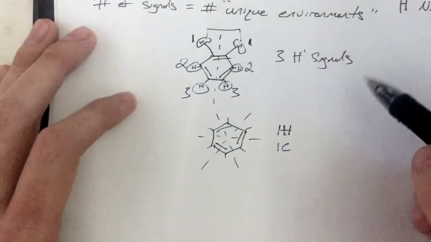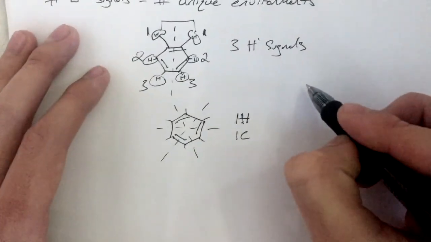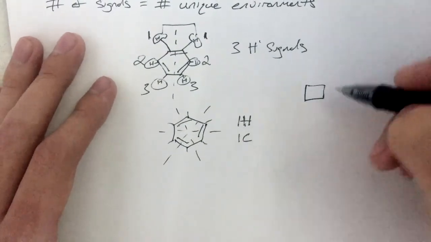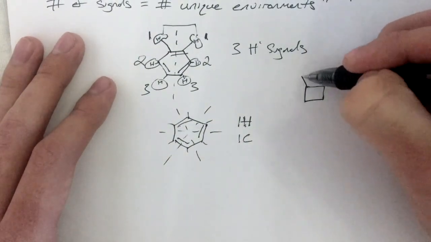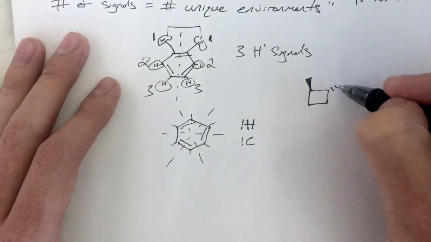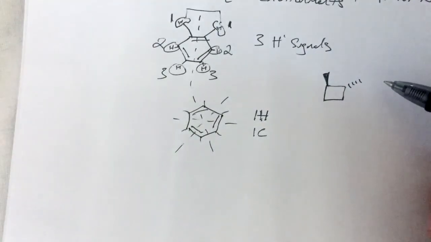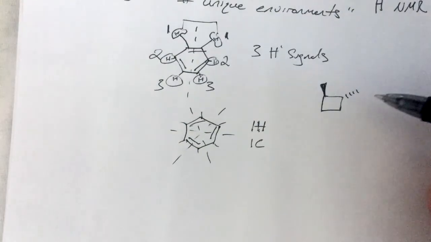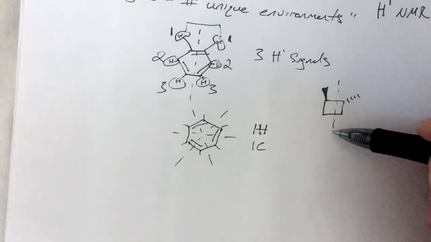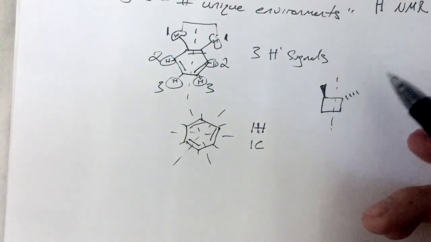I guarantee you're going to get a cyclobutane, and he's going to try to throw you guys off with a little bit of stereochem. We see that the line of symmetry here is, again, just down the middle in between the two methyl groups.